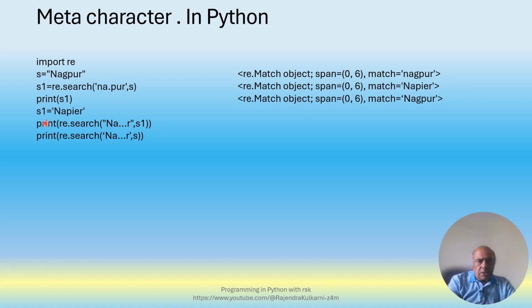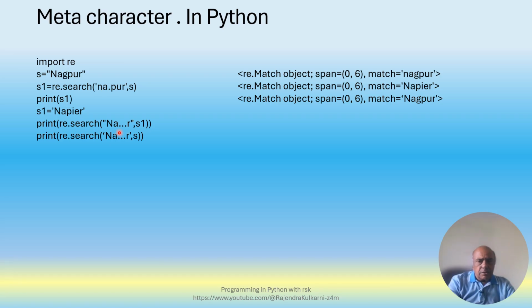Then S1 is another string, Napier, and we use the same criteria, na.r, for S1 and also for S. See, na and r are matching in both the strings Nagpur and Napier.